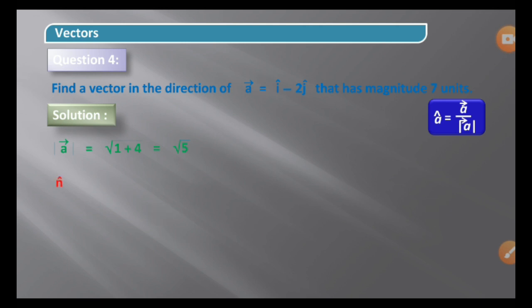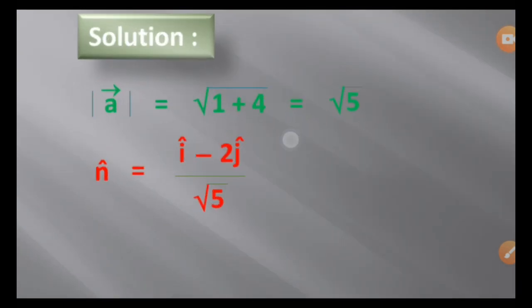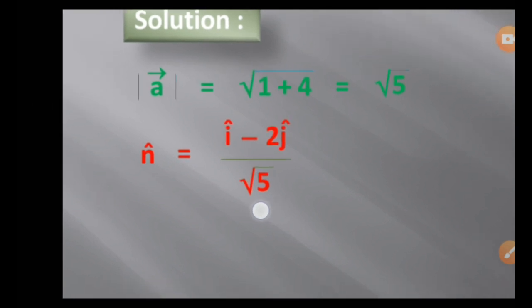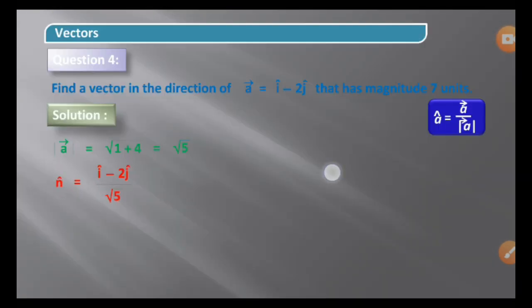Now the unit vector in the direction of vector A, that is n cap, is equal to i minus 2j divided by square root of 5, because the numerator is vector A and the denominator is the magnitude of vector A.